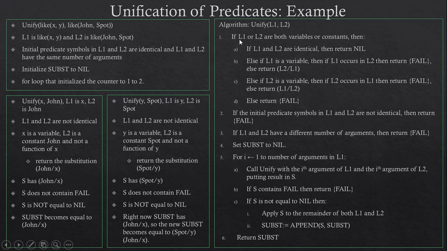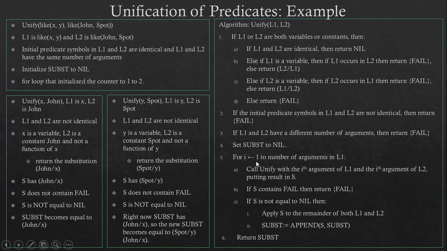First step, L1 and L2 are not variables or constants. So, we move to the next step. The initial predicate symbols in L1 and L2 are identical. So, we go to the next step. L1 and L2 have the same number of arguments. We move to the next step. We initialize SUBST to nil and then go to the next step.